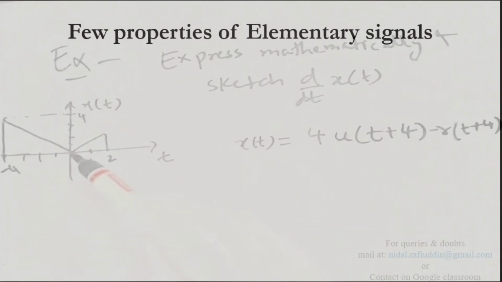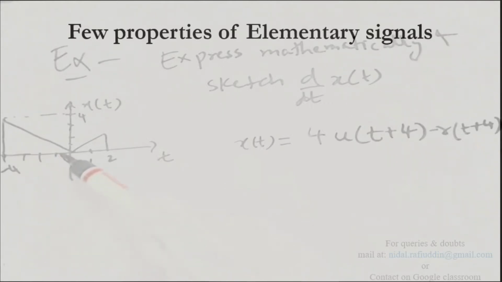But at this point we have in the waveform of x(t) a positive slope, which means that we will have to draw beyond t equal to 0 a slope that should be 2 times the slope of this particular negative slope.